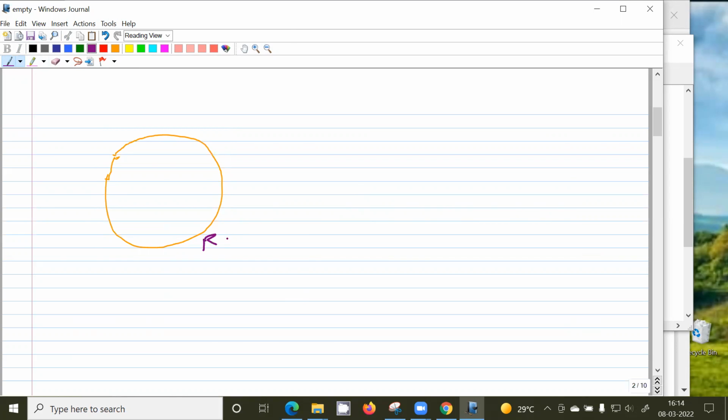This is capital R. Outside there is no charge. Outside the charge is 0. Outside, as a function of R, so rho of R is given.